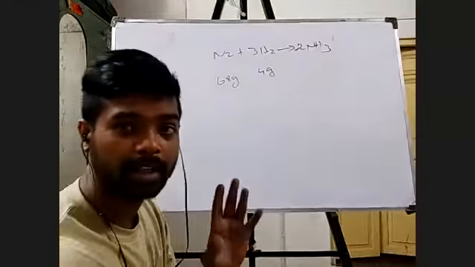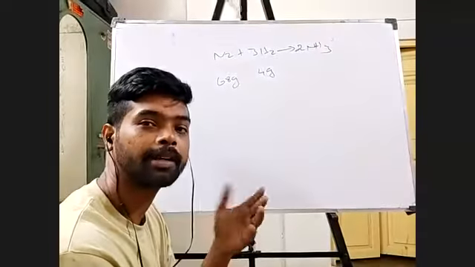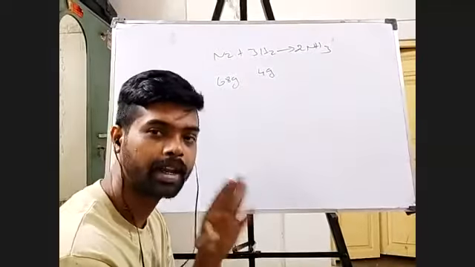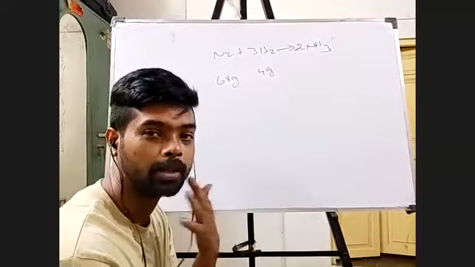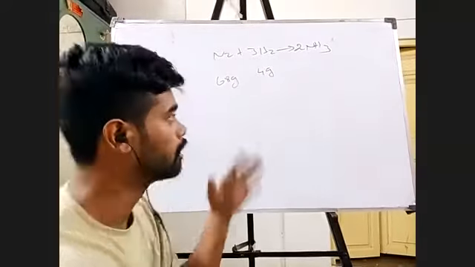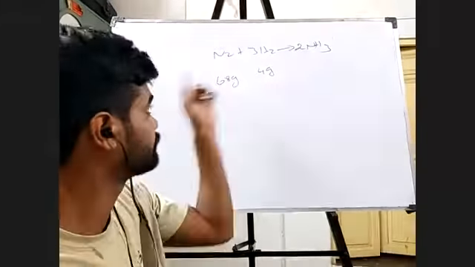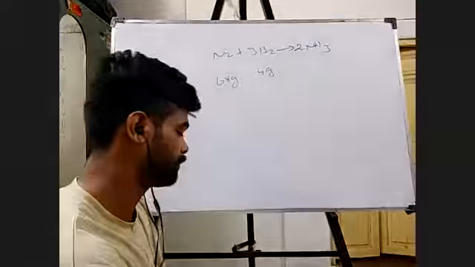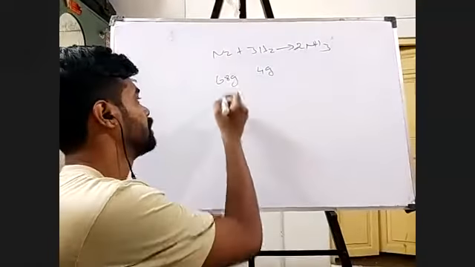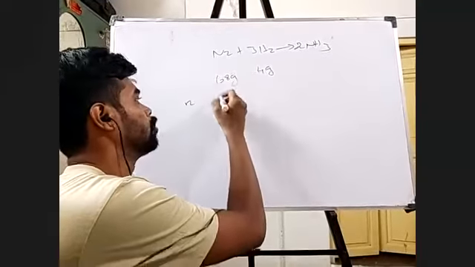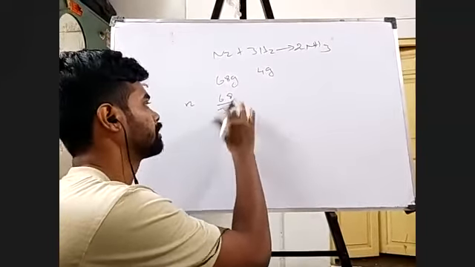Now, what did I first tell you? First, convert everything in terms of number of moles. Whatever data is given to you, convert it into number of moles. So let me convert this into number of moles. For N2, the number of moles would be 68 divided by 34.